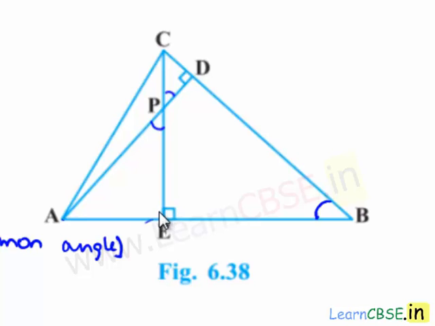In this, angle AEP is equal to angle ADB is equal to 90 degrees, as CE is perpendicular to AB and AD is perpendicular to BC.